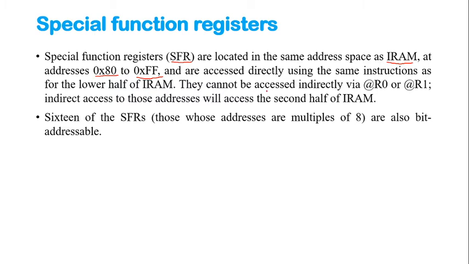They cannot be accessed indirectly via @R0 or @R1, which is not possible for special function registers. Indirect access to these addresses will access the upper half of the IRAM. Sixteen of the SFRs, whose addresses are multiples of 8, are also bit addressable.